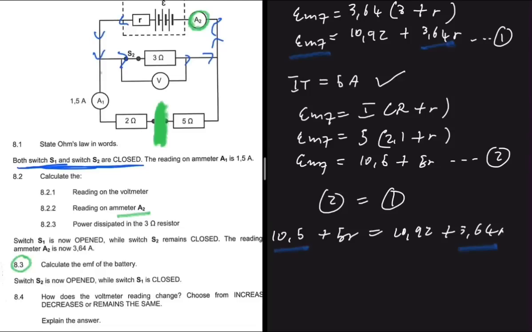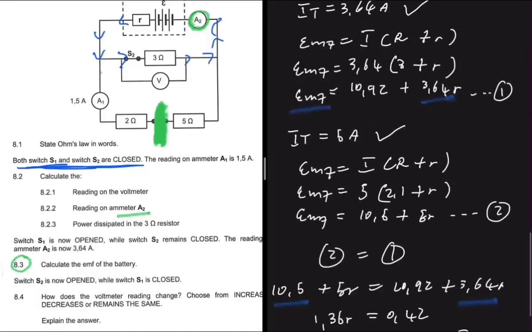We get 1.36R on the left, and on the right we get 0.42. So R is equal to 0.42 divided by 1.36, and that is equal to, actually not 0.31 but 0.3088 ohms.